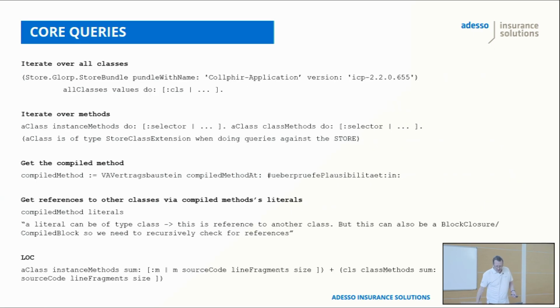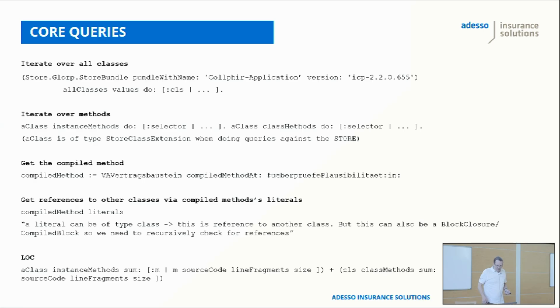Okay, based on these assumptions, we created some really basic core queries and assumed that this should be enough. So this is basically everything that we're doing to query the system. It's pretty simple. We need to iterate over all classes, which is a simple task to do.